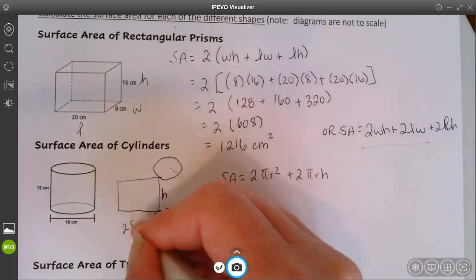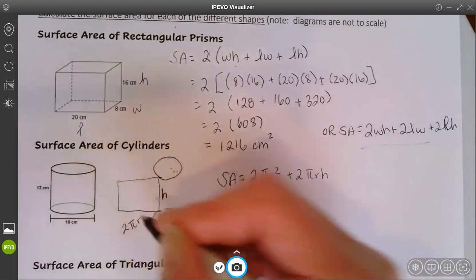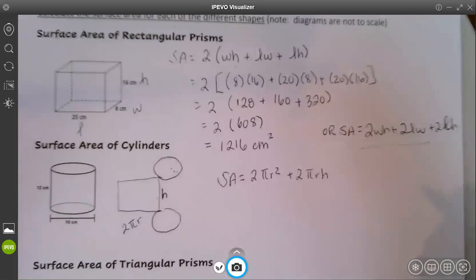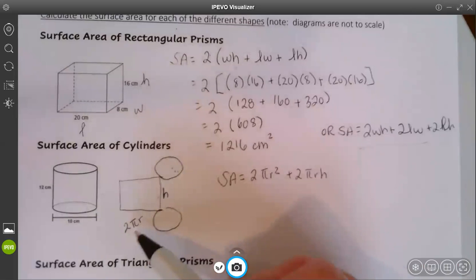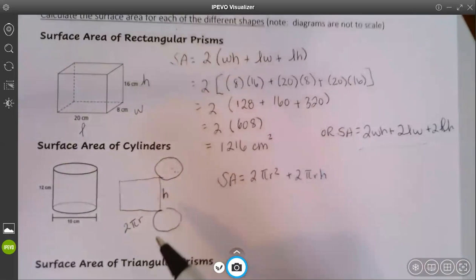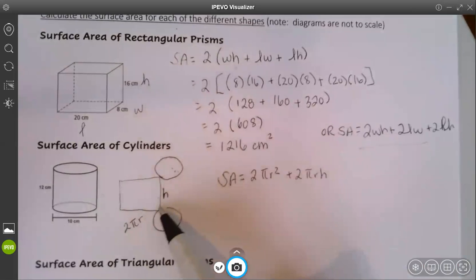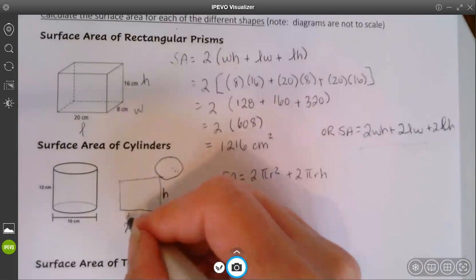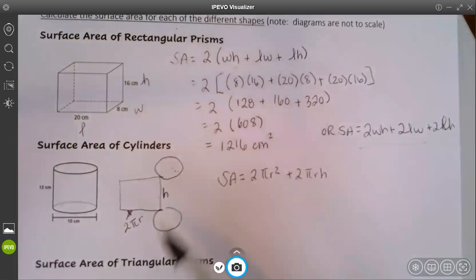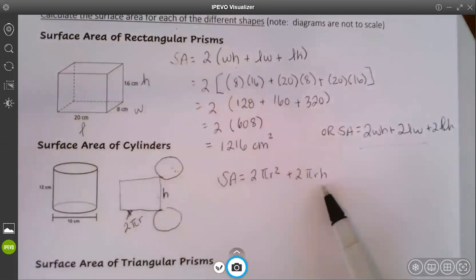And so the distance around a circle is called circumference. We haven't talked about that yet, but it's 2 pi r. So this here is equivalent to 2 pi r. So what happens is we take the 2 pi r and we multiply it by h to get the area of this particular rectangle, and then we add them together.